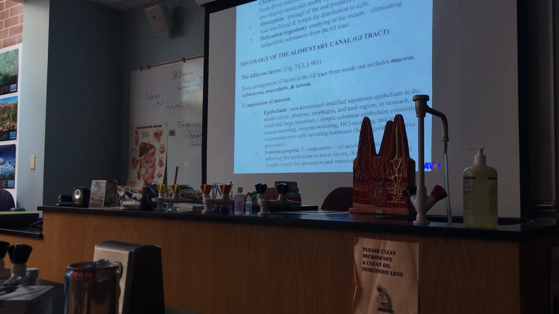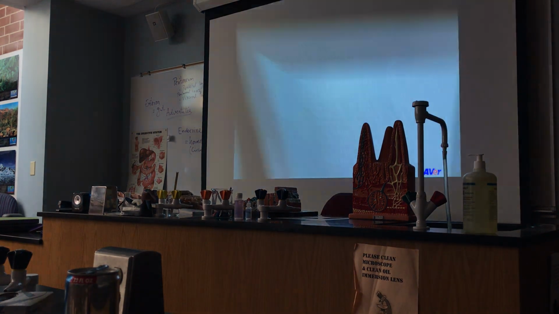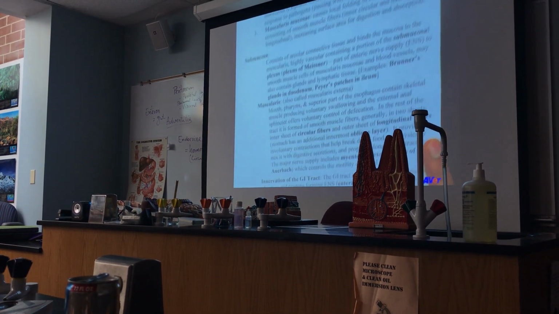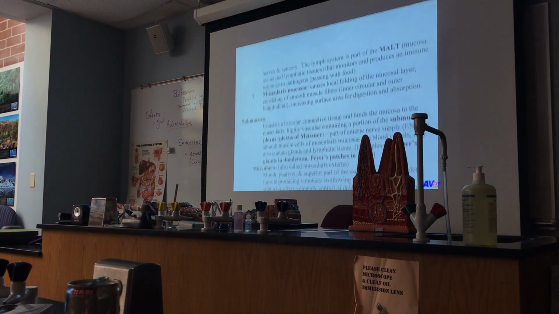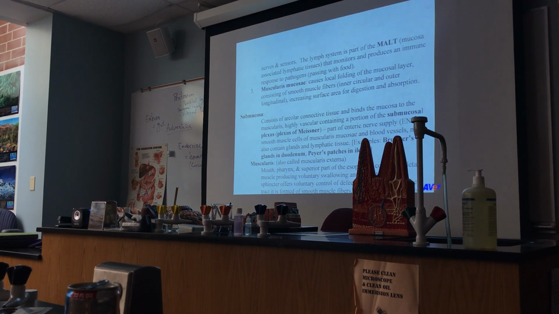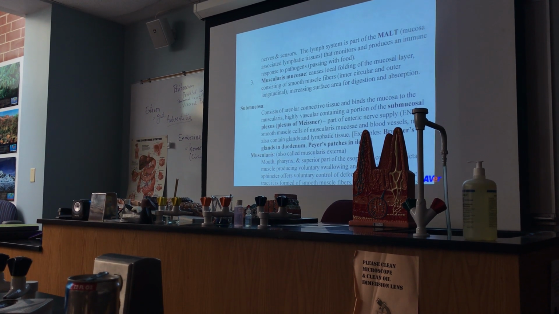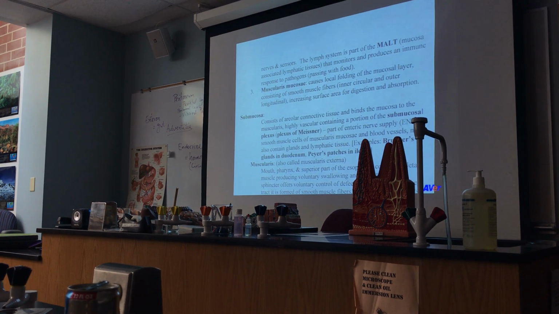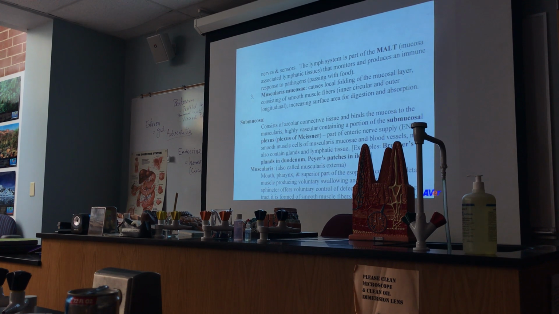And also nerves and sensors. The lymph system is a part of the MALT. MALT, that's an acronym, mucosa-associated lymphatic tissue, that monitors and produces an immune response to pathogens that pass with food.